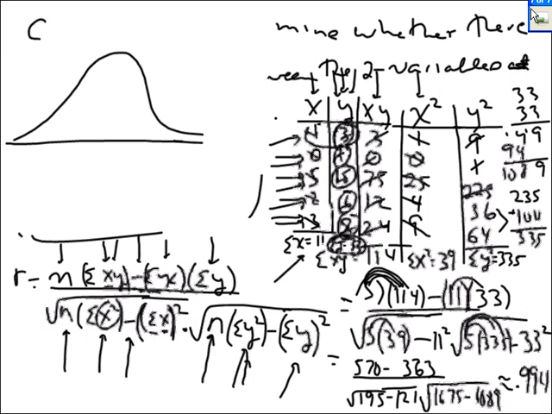Actually, I'm sorry. The critical value, that's where it comes from the table. Let's look at the table. Aha.